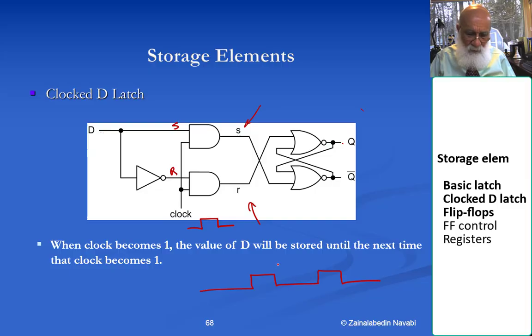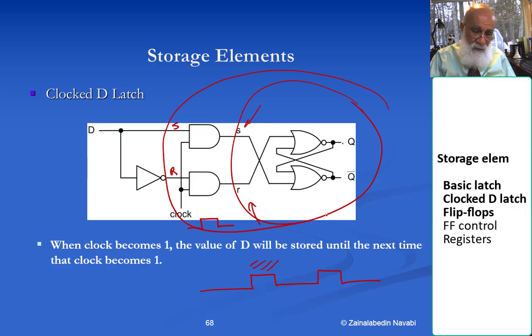Okay? When clock is 1, only then I will allow S and R capital to propagate into my structure and make changes to my memory. Alright, so this is the memory part. This is the timing part, the clocking part.